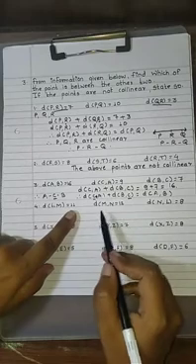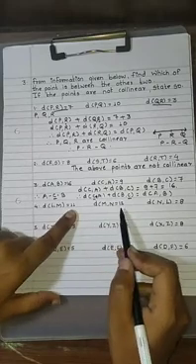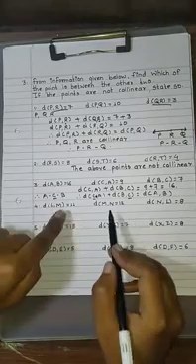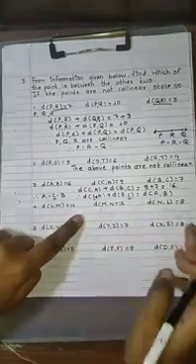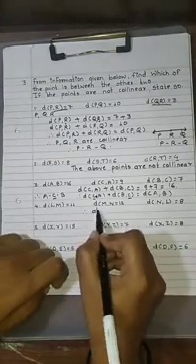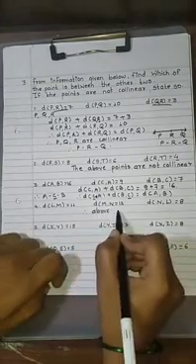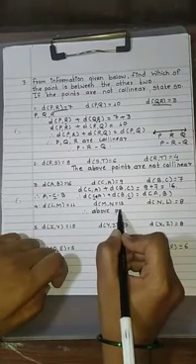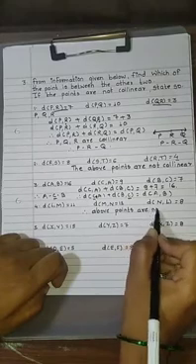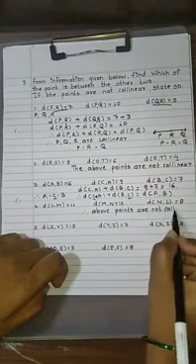Or if you add 11 and 12, you get 23. That means that when you add any two distances, you do not get the third distance as the answer. This means the above points are not collinear.